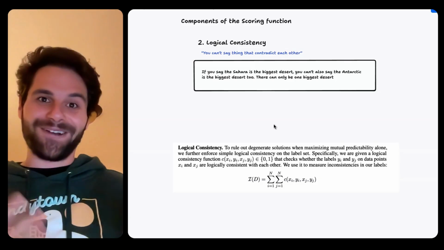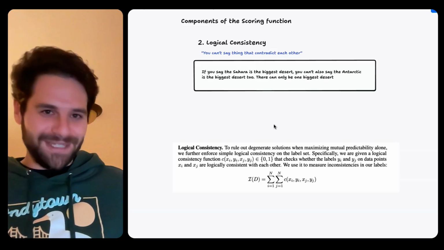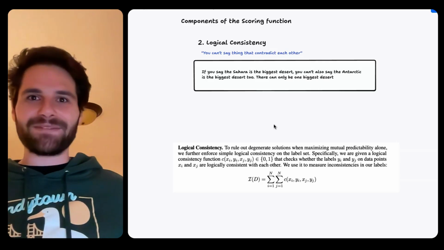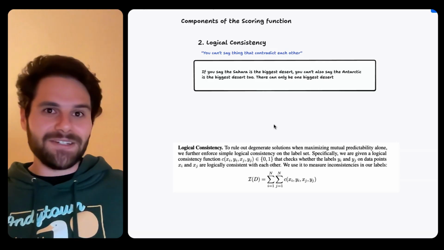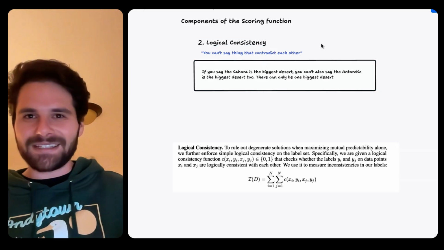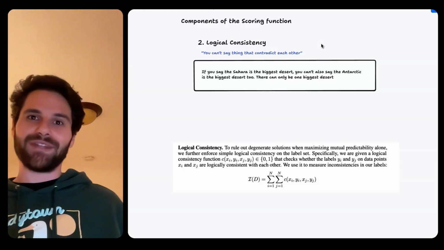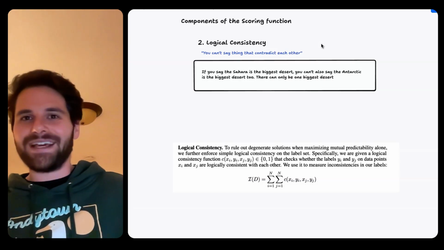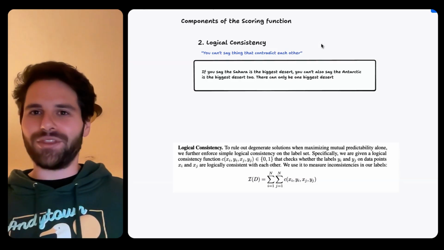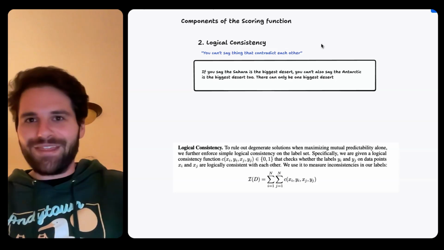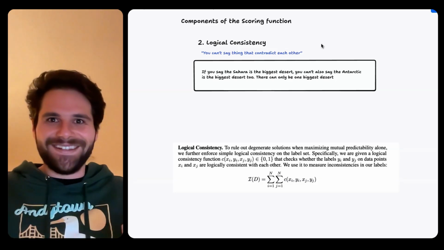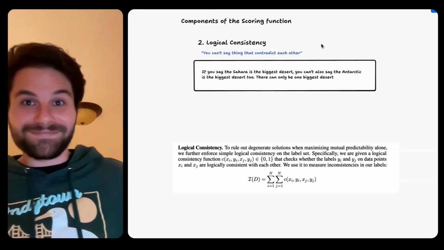And if so, you get a penalty for that, because they can't all be true at the same time. And you kind of need this term technically because otherwise it could just pick the same label for everything, I guess. I don't have a strong theoretical understanding, but I think this one makes sense. It's like, don't say things that contradict each other. I buy it.